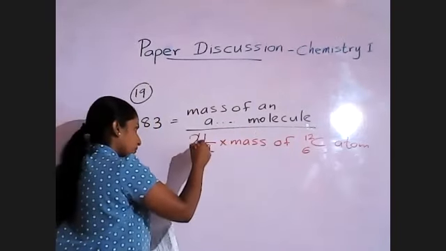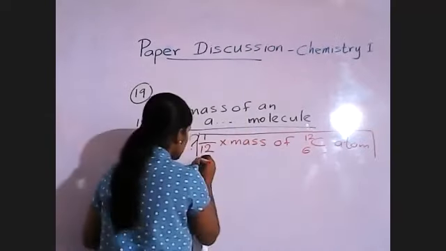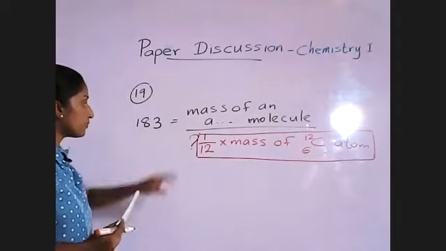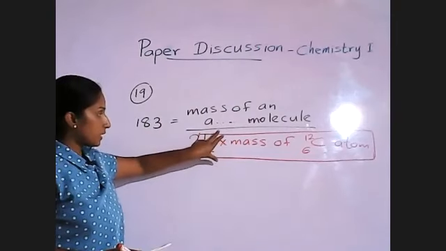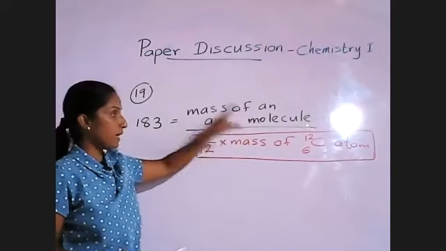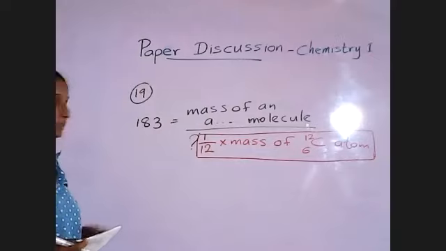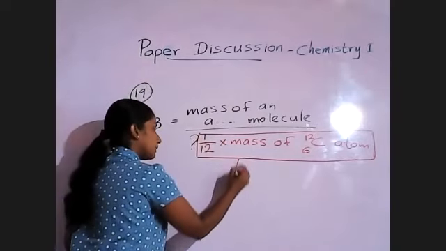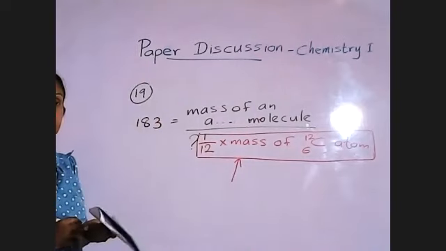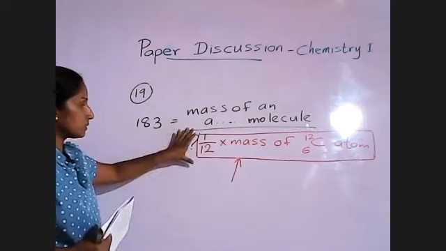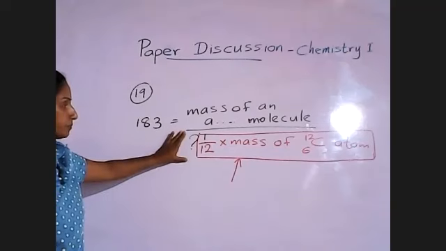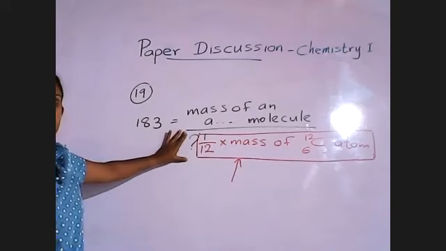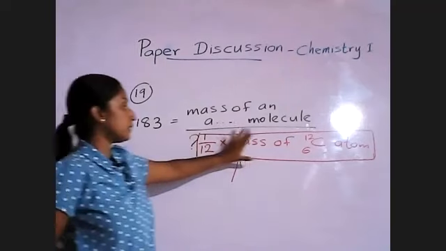For this one, we can use another term. Instead of this part, which is not given in the question, they can make the question using that term. Instead of 1/12 part of the mass of the carbon-12 atom, there's a single term we can use.